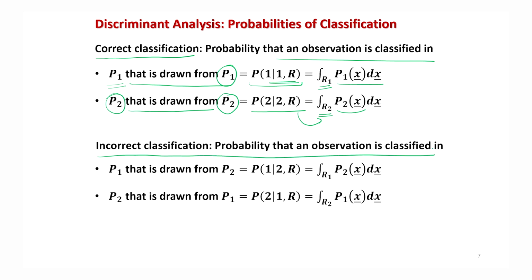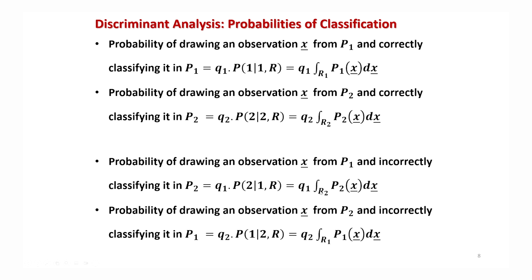The probability that an observation is classified into P1 but is actually coming from the population P2 is indicated by the symbol P(1|2, R), which is computed from the PDF of P2 and integrating over the region R1. R1 is the region for P1, right? And similarly, the probability of misclassifying an observation into P2 that is coming from P1 is indicated by P(2|1, R), which is obtained as an integration over the PDF of P1 over the region R2.